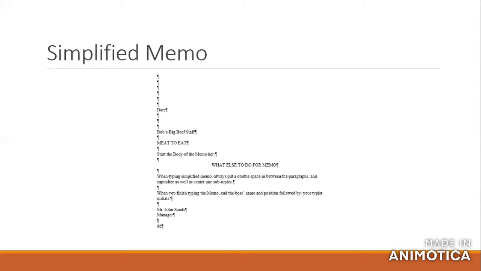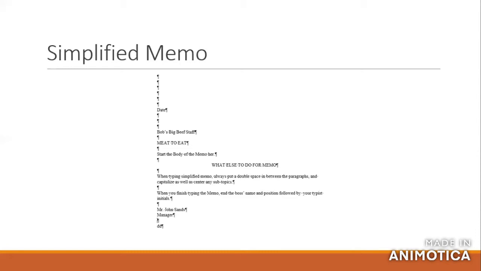Okay, and then you're going to do a double space, and the topic is meat to eat. That's the subject, and if you notice here, the subject is in all caps. Even though you don't have the headers, the to, the from, the date, most of that information is included here, but you just don't have the headings to state exactly what it is.